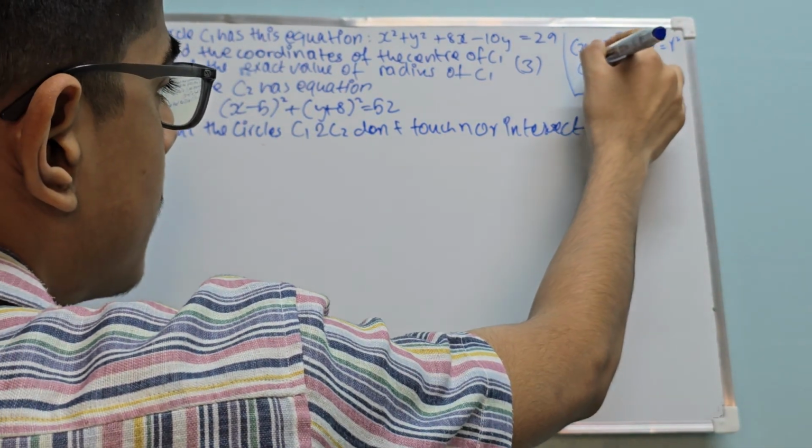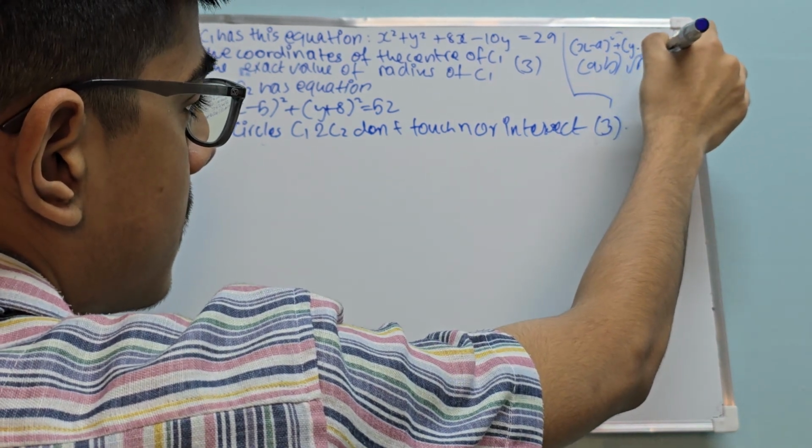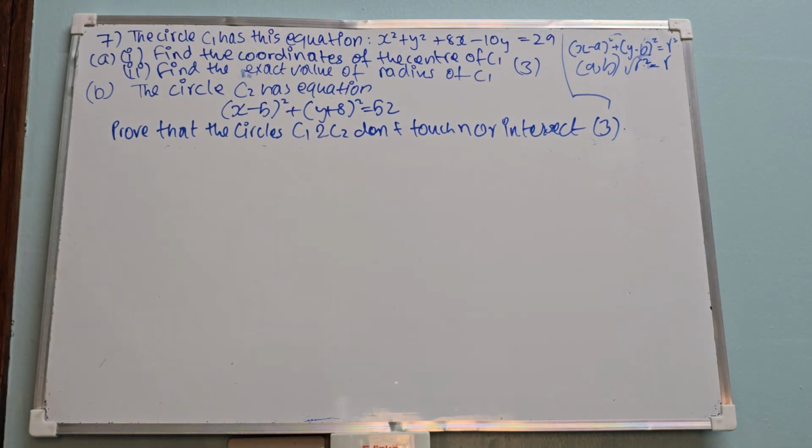Hence the center is going to be (a, b), and the radius is the square root of r squared, which is just r. So how can we express it in this form?